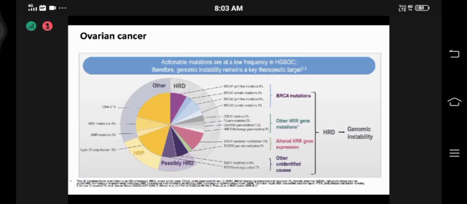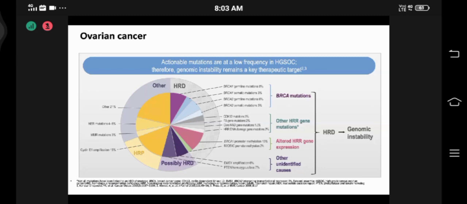Ovarian cancer is very important. Earlier we used to say let's do BRCA testing, germline and somatic, but we know a huge percentage have HRD mutations. BRCA germline is about 12 to 15%, and around another 5-6% you pick up as BRCA somatic mutations.